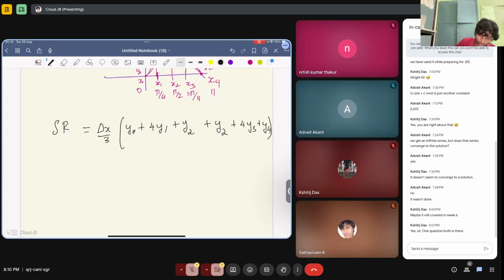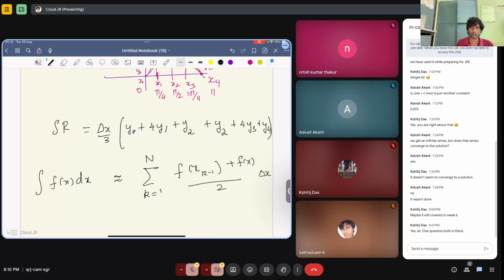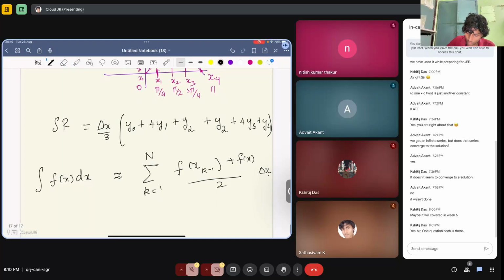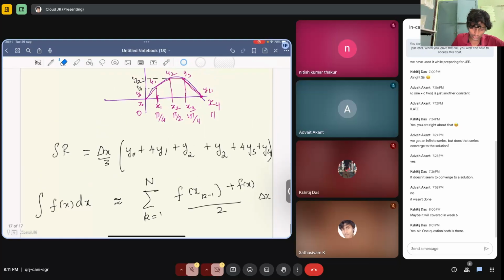The integral of f of x dx is approximately equal to the sum from k equals 1 to n of f of x k minus 1 plus f of x k, divided by 2, times delta x. Okay, so delta x k, of course, but we are cutting it in equal parts, so we can just write delta x.